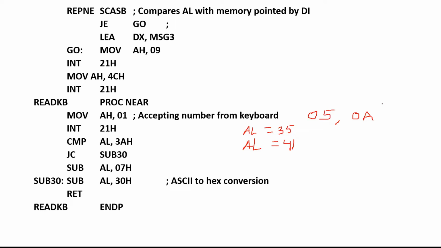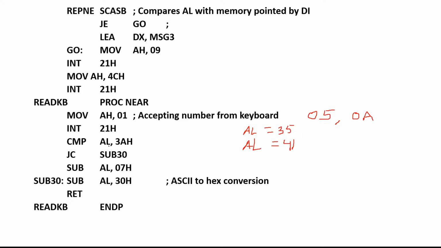If the entered value is an alphabet A to F, then I have to subtract 37 from it to convert it to the equivalent value. So I'm comparing whether the content of AL is greater than or less than 3A. If it is less than 3A, it is a digit between 0 through 9. If it is greater than 3A, then it may be an alphabet. So I'm comparing AL with 3A.